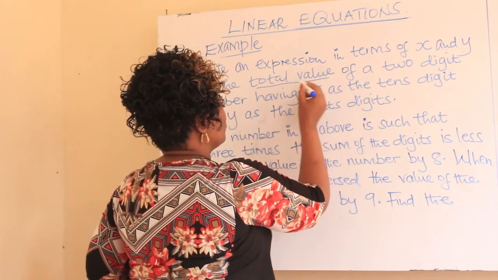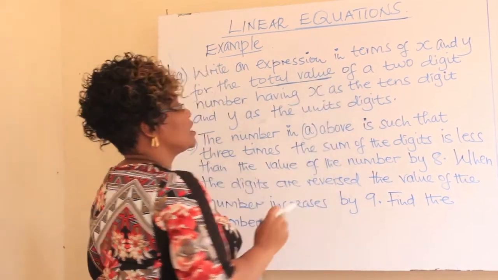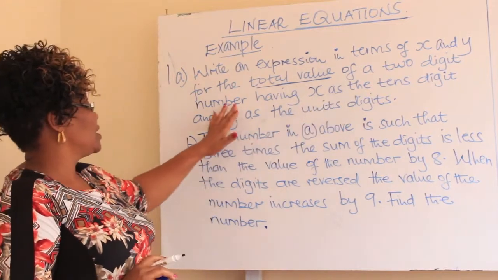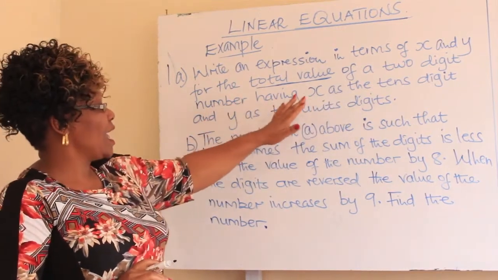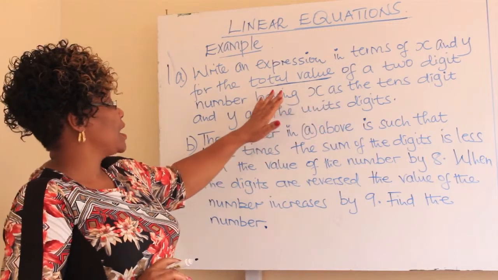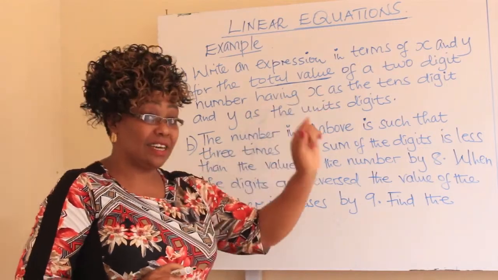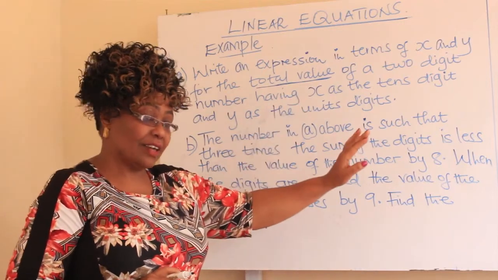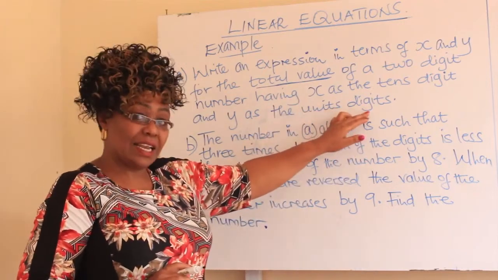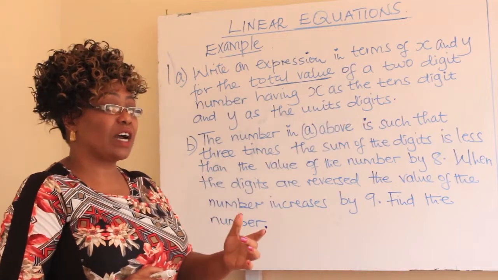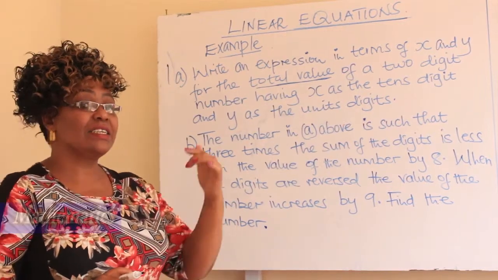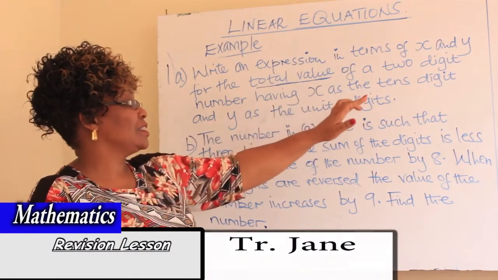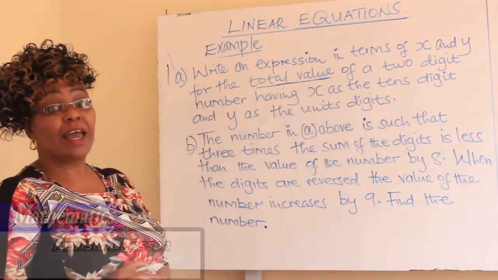We have place value and we have total value. Units digits, learners, are also referred to as ones digits. Ones digit is y and tens digit is x.